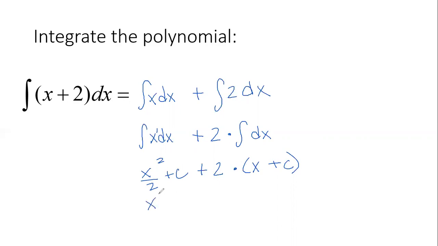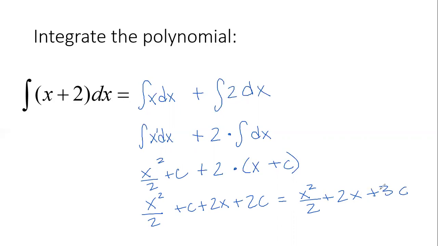We get x squared over 2 plus c plus 2x plus 2c. And if we wanted to simplify that one more time, we get x squared over 2 plus 2x plus 3c. Now, the next thing we're going to talk about is we don't actually need 3 c's. We don't know what that constant is, so that constant can just remain a singular c.